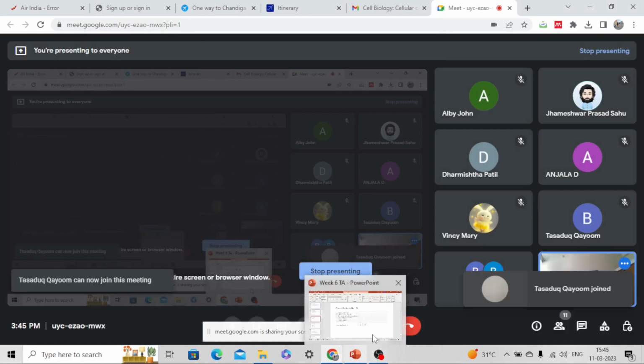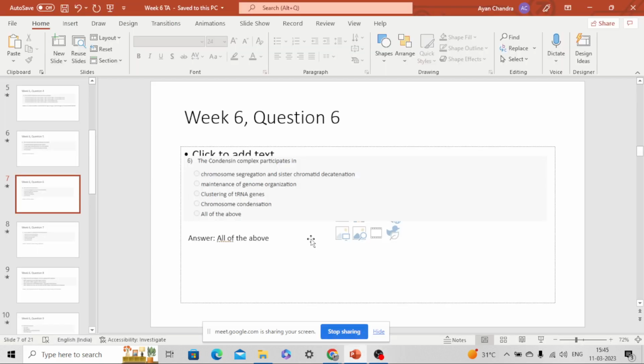Did you understand that? What is clustering of tRNA genes? See, you have different tRNA genes in your chromosomes, right? And all of the tRNA genes are not located in a single chromosome. They are scattered within different chromosomes.